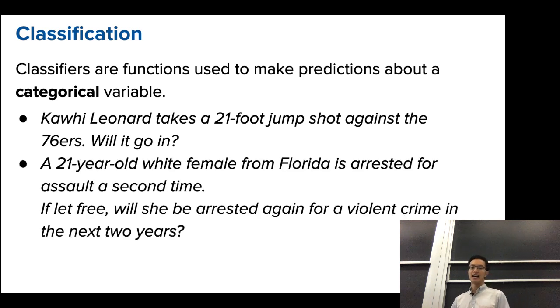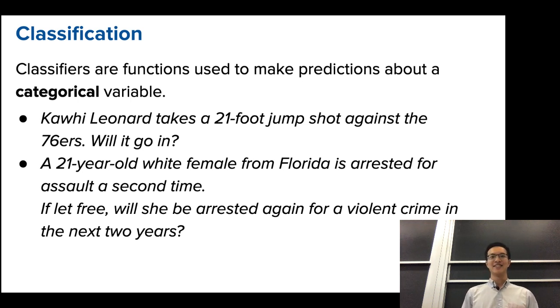You could also ask, a 21-year-old white female is arrested for assault a second time. If left free, will she be arrested again? And this in particular is a question that people have asked when designing what's called the COMPAS algorithm for recidivism. So people are trying to decide whether certain types of people are more likely to get arrested again for committing crimes.